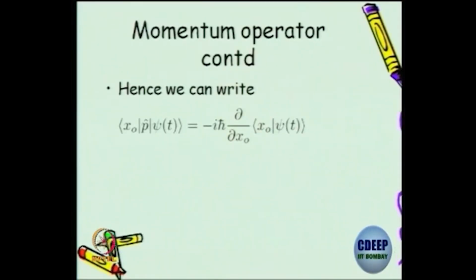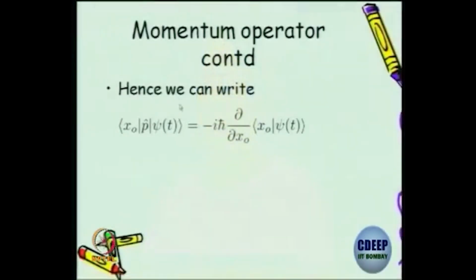In general, you could write this for any state psi of t. Earlier we had x0 and x1; x1 can be replaced by any arbitrary state psi, it doesn't really matter. And you can show that the differential operator del by del x can hit the left ket and give you del by del x naught times this. What is this? The position space wave function at x naught, t.